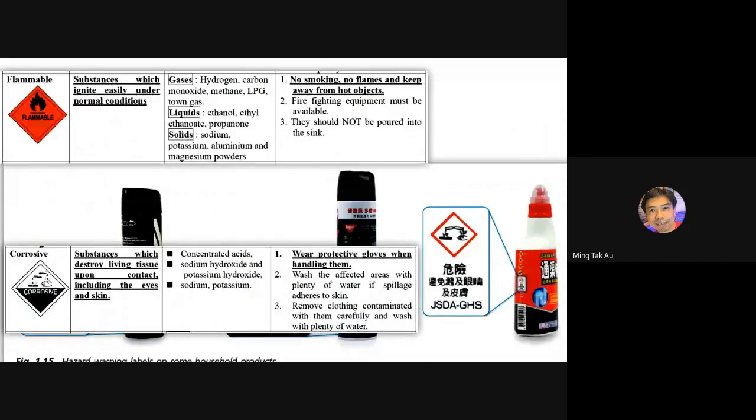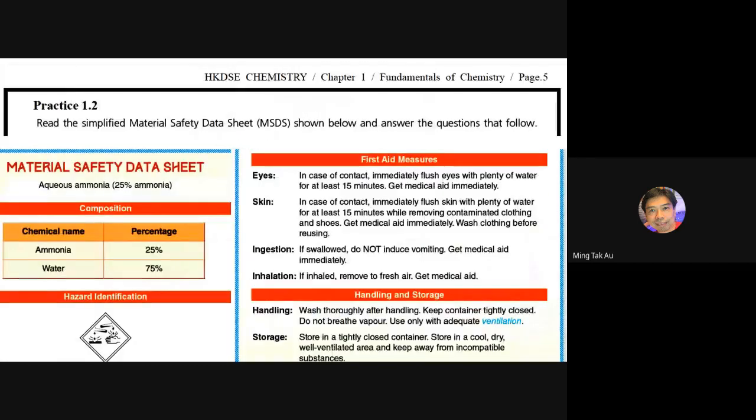We have just learned about how to use the hazard warning label. Now for your notes, page 5 about practice 1.2. You are asked to read the following. This is a chemical, aqueous ammonia.